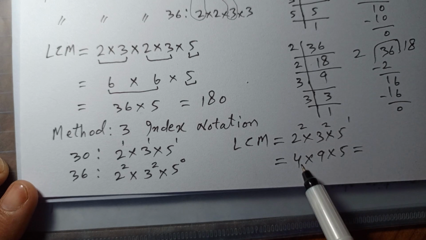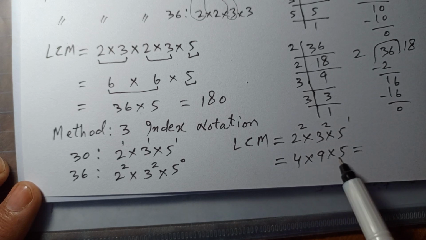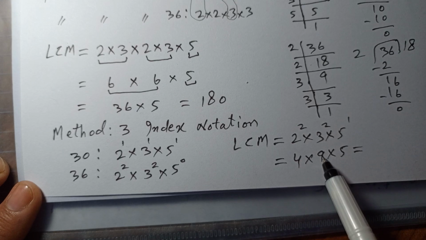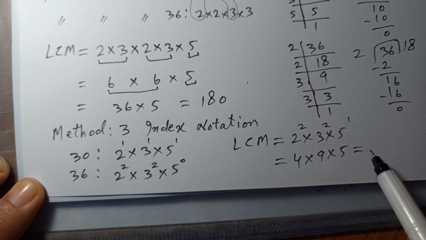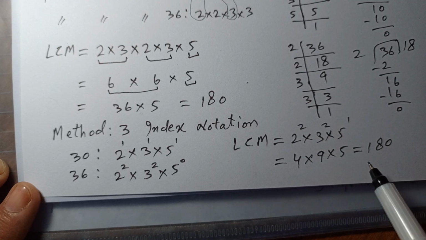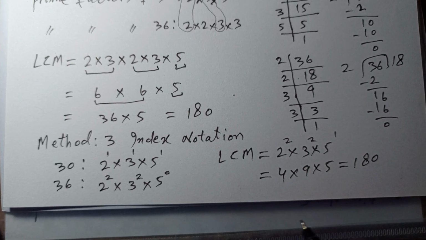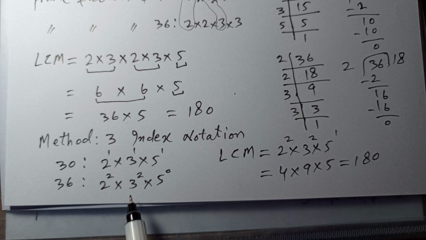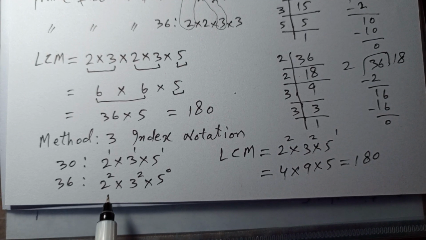Now after multiplying all these, 5 4s are 20, and 20 multiplied by 9, you will get 9 2s are 18, 180 again, that is the LCM. You will see that by index notation you can easily find LCM by taking the higher power of the index notation.